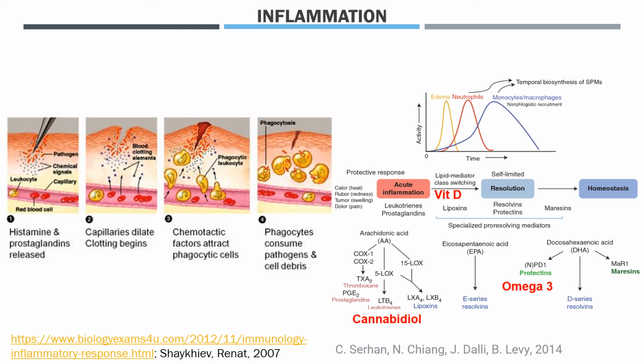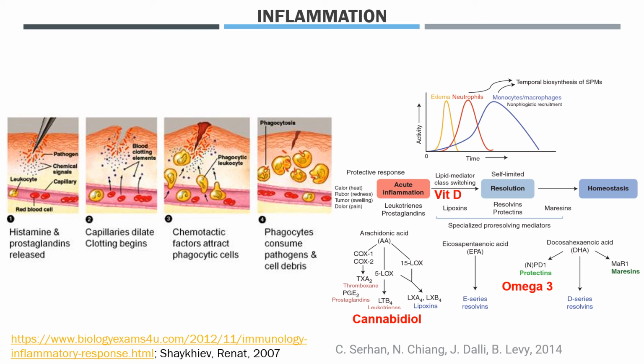Once they are done with cleaning up the debris as well as beginning the healing process, they will start to synthesize what we call specialized pro-resolving mediators. These are proteins and lipids that are meant to help resolve the inflammation and take our bodies back to homeostasis.